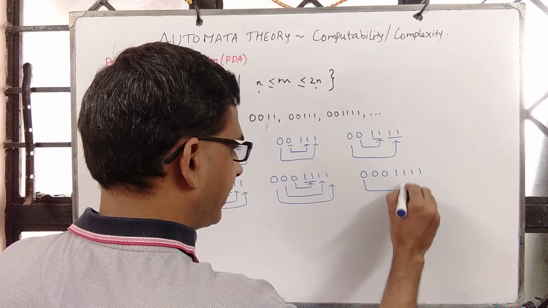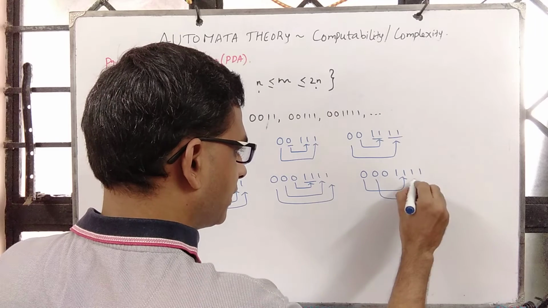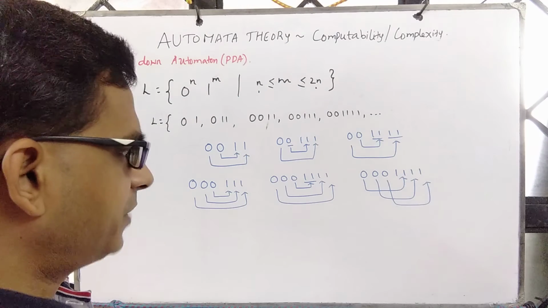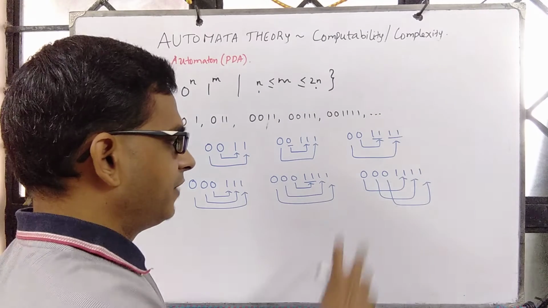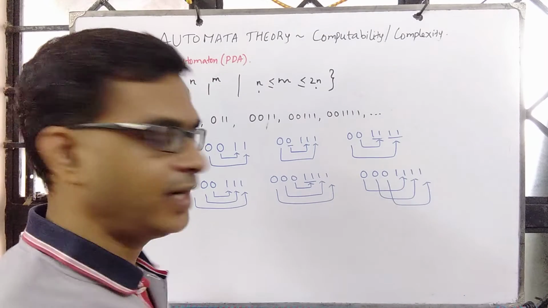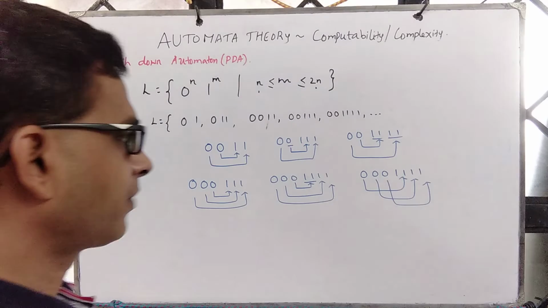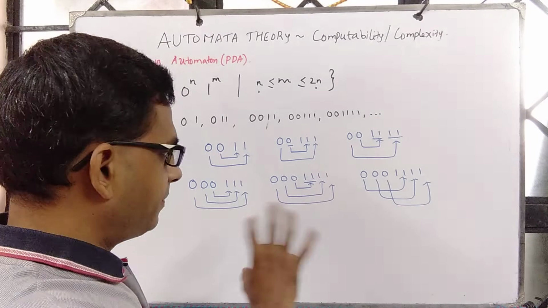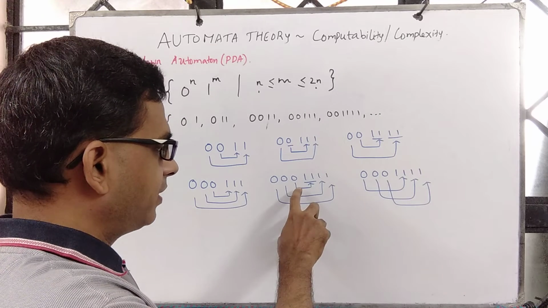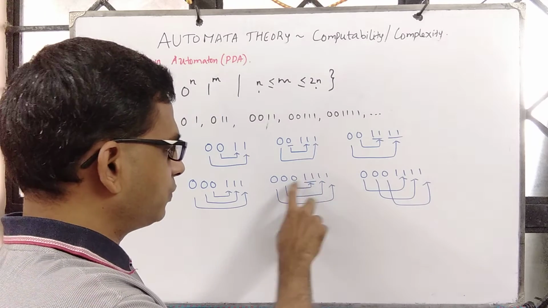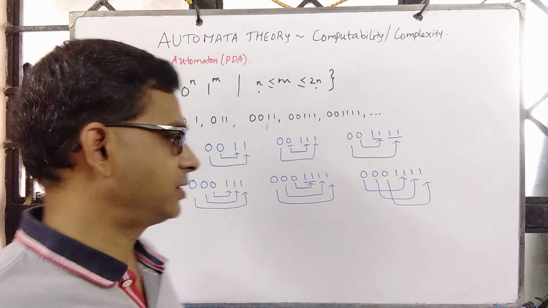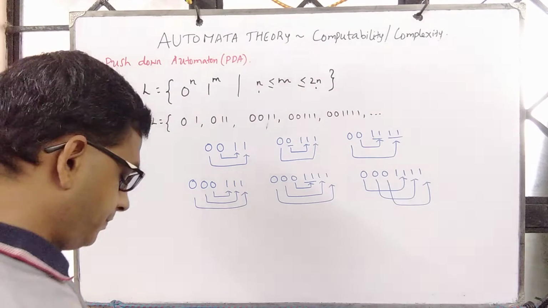For this one you associate 2 ones, for these two it is 1 1. Which means in some sense we can check whether the number of ones is between n and 2 power n. And so these examples are telling you that one has to map some pair of ones to a 0, and for the rest of them there will be just one match, meaning 0 corresponds to 1.